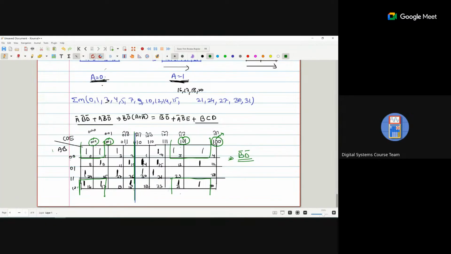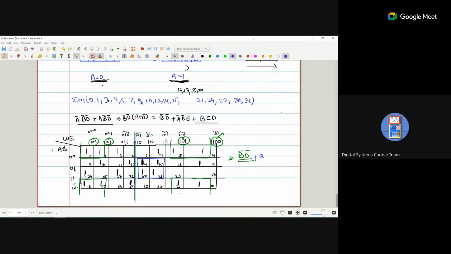Okay, understood? Any doubt? No, sir. Okay, this will create a group of 4. So this will create a group of 4. For this one, the B is constant.